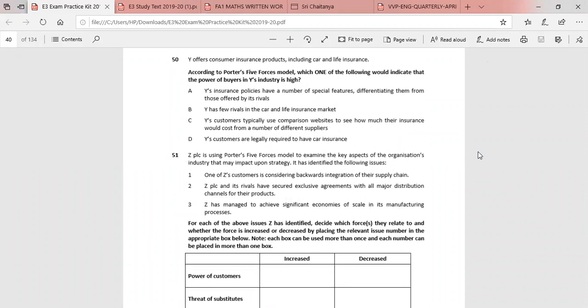Y offers consumer insurance products including car and life insurance.